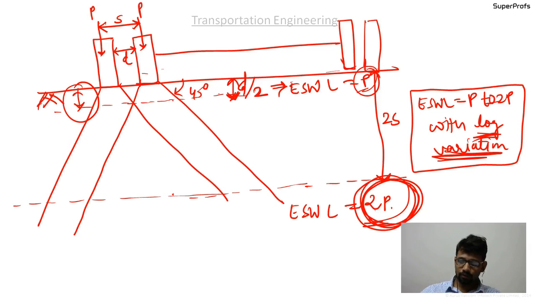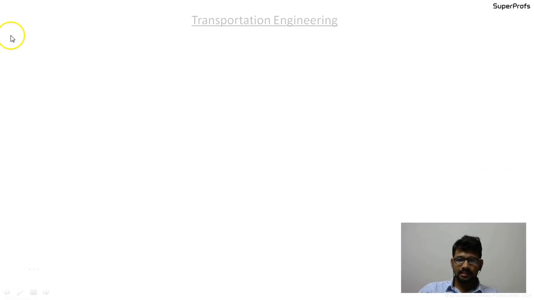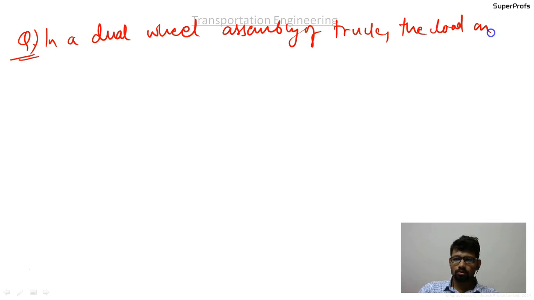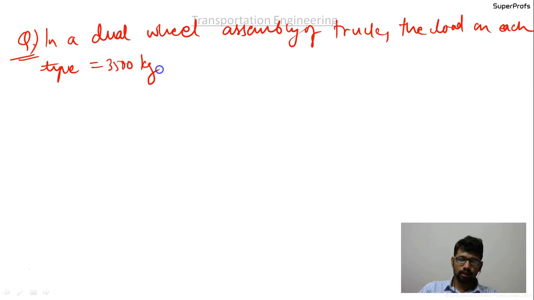So please write down an example now. Please write down a question. In a dual wheel assembly of a truck, the load on each tire is equal to 3500 kg.